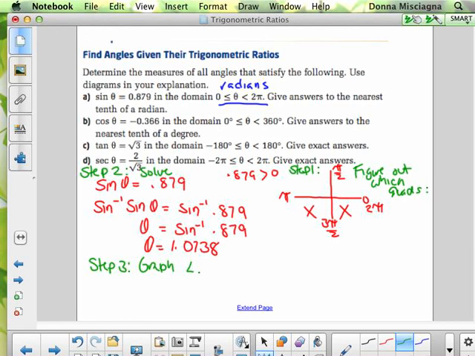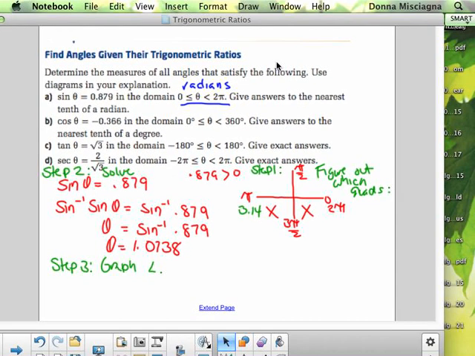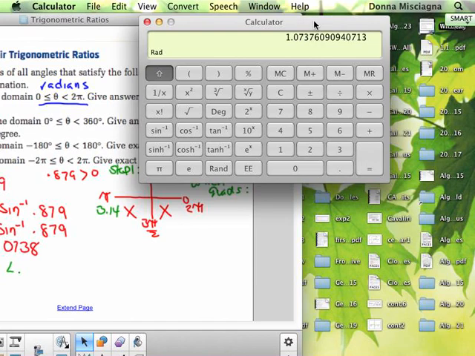All right, so we have 1.0738. All right, so we know what pi is, approximately 3.14. All right, and so if we take half of that, or we can even just do pi divided by 2, that's 1.5707.